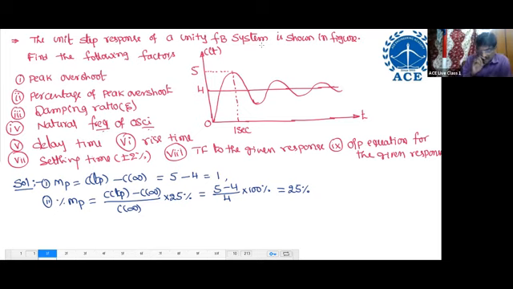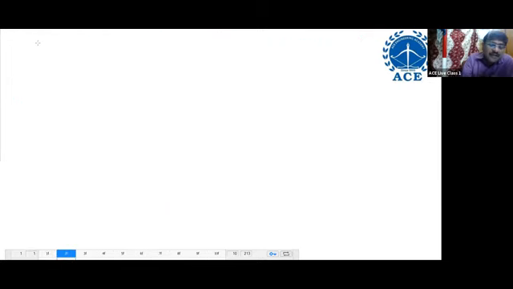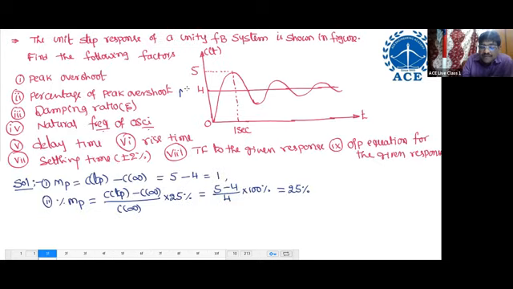For example, I'll take MP. MP equals AK into e power minus pi zeta divided by root of 1 minus zeta square. What is MP? 1. What is AK? A is called amplitude of input.